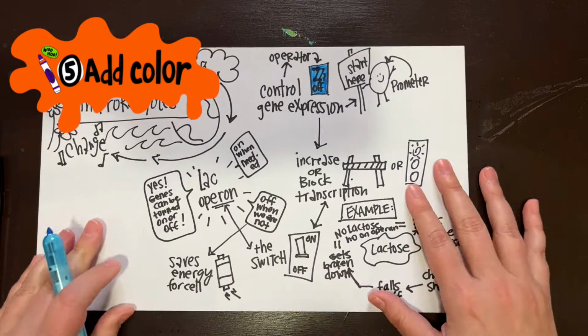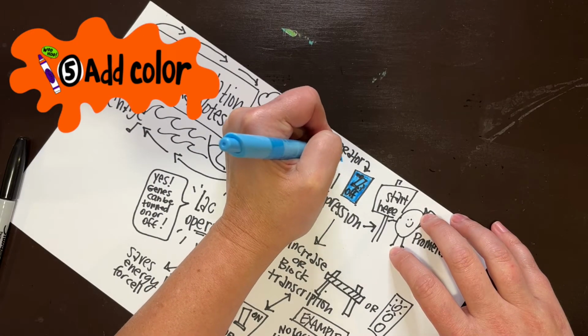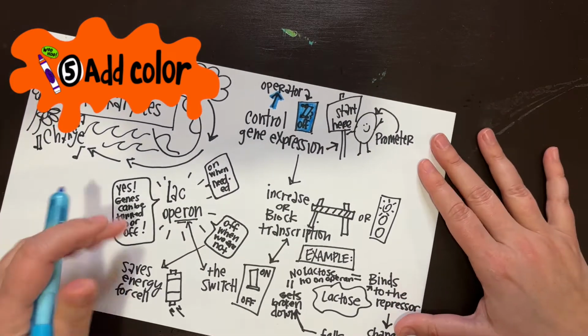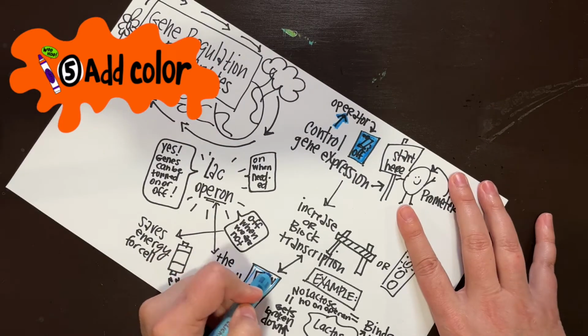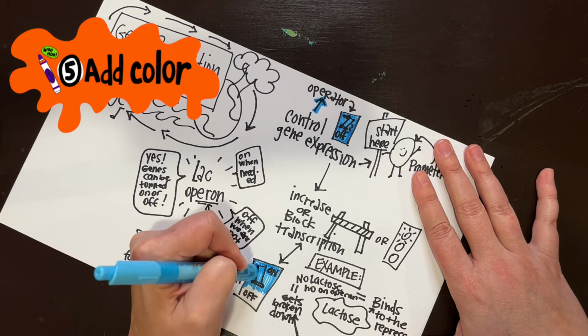And as I'm coloring, I can think about a variety of different things. I can think about the sketch note and what's on it. I can think about what else I need to learn. I can also just have fun and smile as I color.